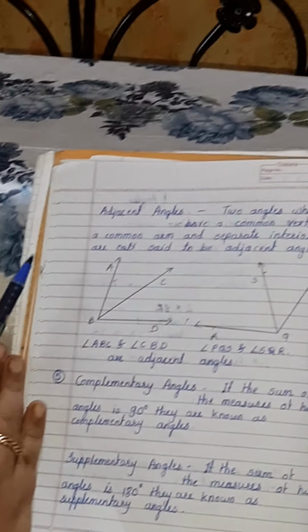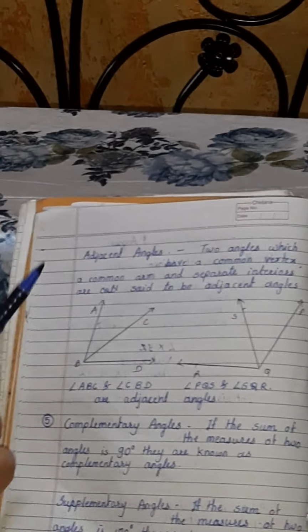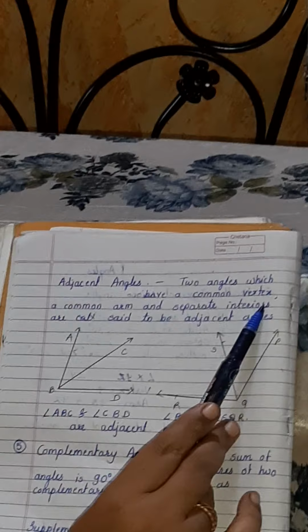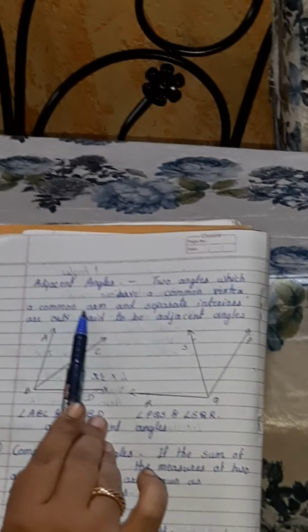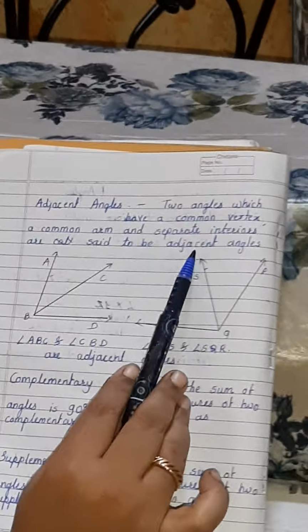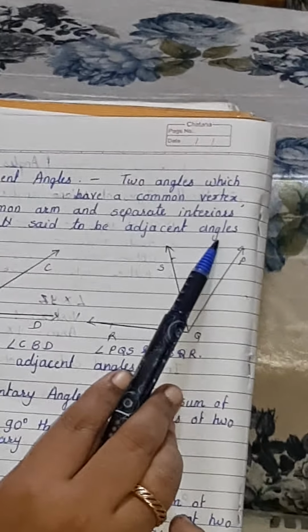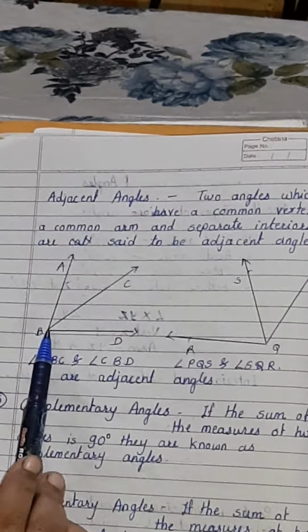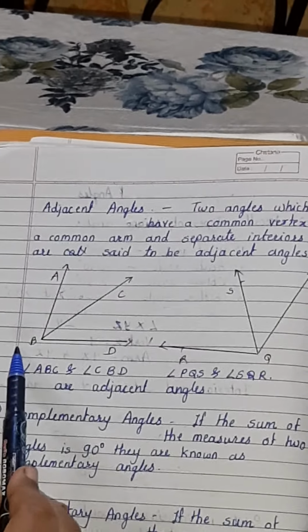Next, we are going to see the adjacent angles. What is the definition of adjacent angles? Two angles which have a common vertex, a common arm and separate interiors are said to be adjacent angles. See, these two angles have been given here.